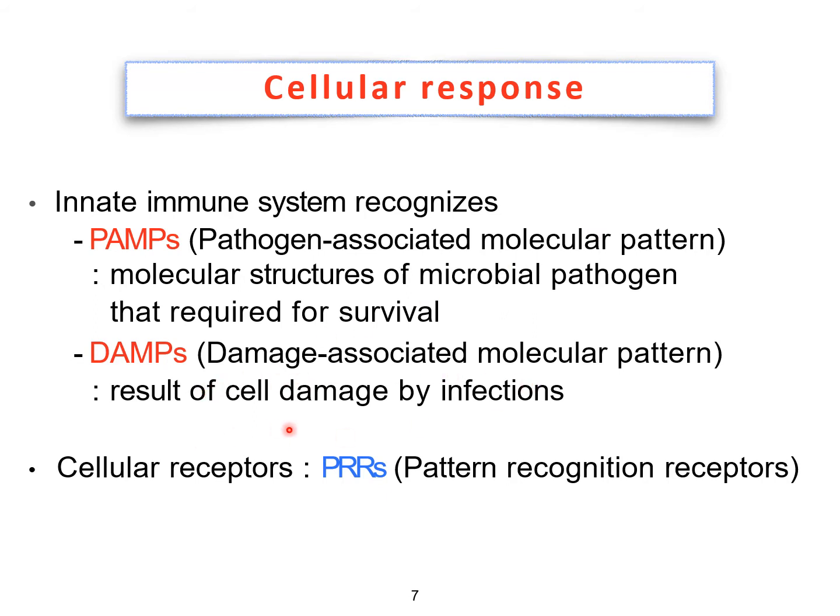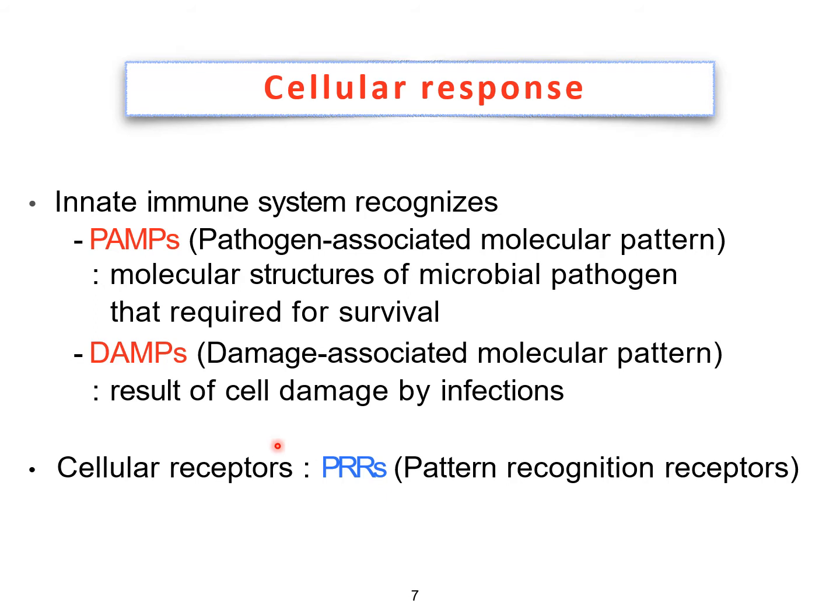It is the result of cell damage by infections or stress or any transformation or mutation. If a cell is damaged by these types of infections or stress, that is recognized by the immune cells, so it is called damage associated molecular pattern.